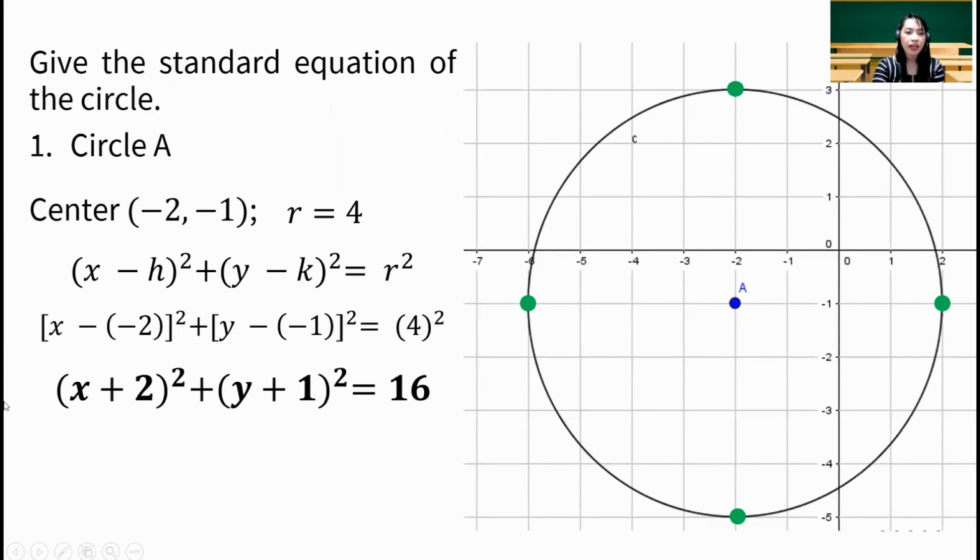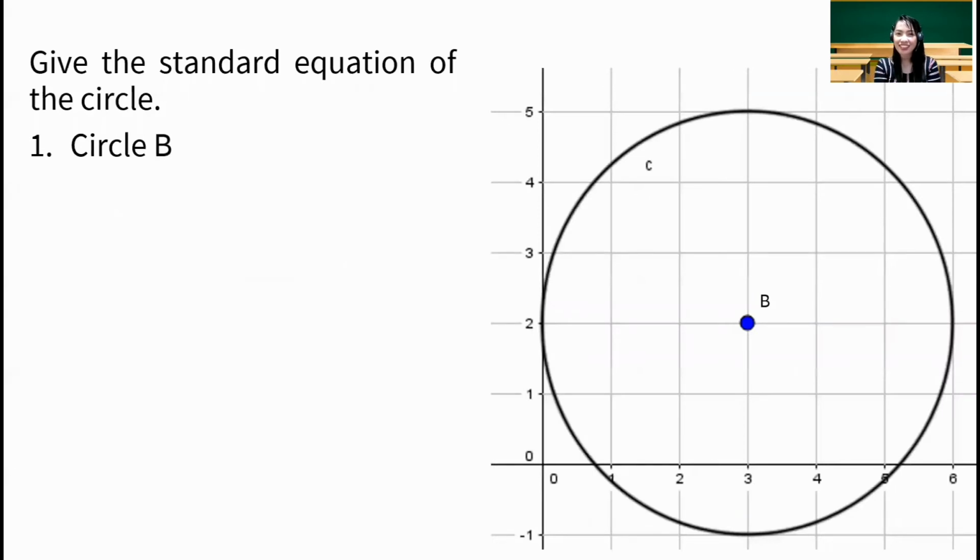To simplify, negative times negative is positive, so x plus 2 squared, plus the quantity y minus 1 squared, equals 4 squared, which is 16. So the standard equation of circle A is the quantity x plus 2 squared plus the quantity y minus 1 squared equals 16. Now it's your turn.